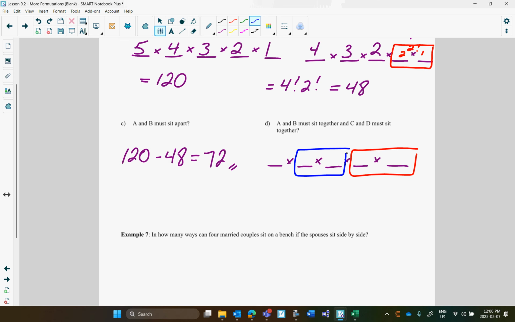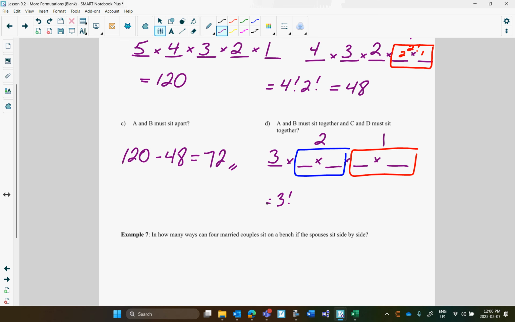Well, how many different ways are there overall if I need this as a group and this as a group? 3 times 2 times 1, or 3 factorial, doesn't matter. Because I've taken 4 of the seats and made them into 2 positions.